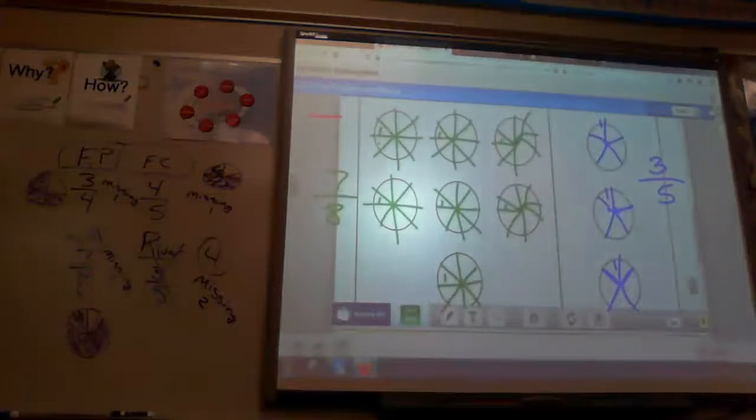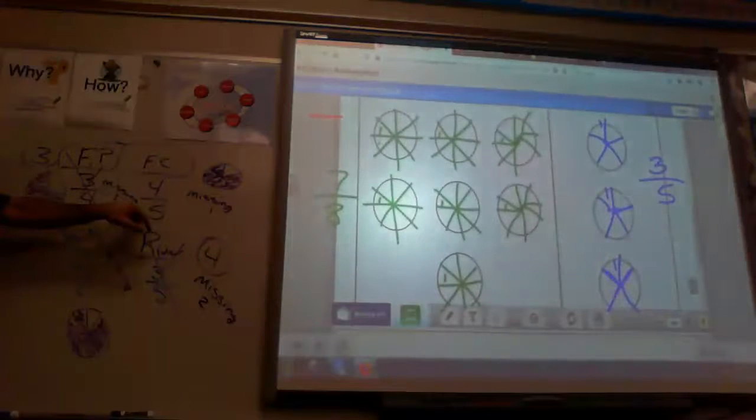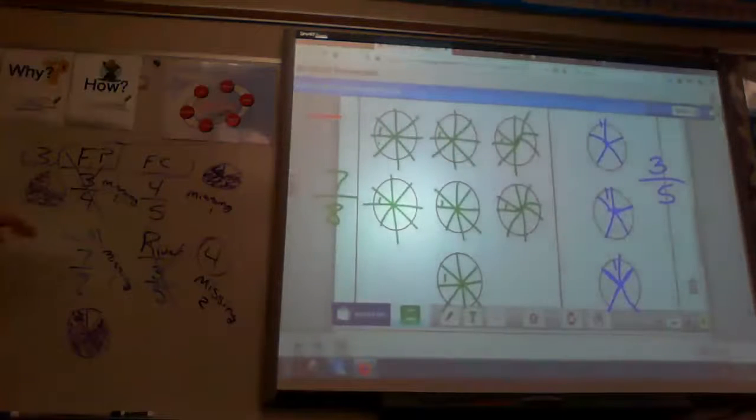Which one's the next smallest, Blake? 3/4. Okay, this one's going to be the next smallest, the one that we know it can't be. It's the 3rd biggest piece. Because, Blake, smaller the denominator, the bigger the piece. So even though this is missing 1 piece, it's a bigger piece than 4/5 because the bigger the denominator, the smaller the pieces. So this one's missing a smaller piece.